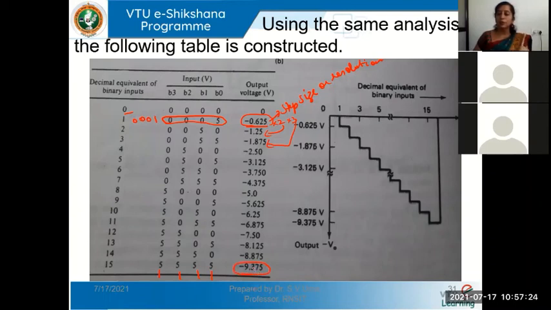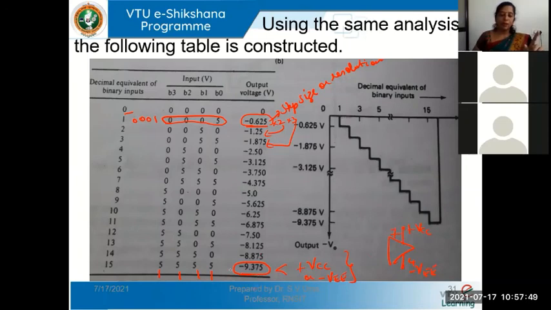One more thing which you should take care, the full scale output voltage should always be less than plus VCC or minus VEE. What are these voltages? These are the bias voltage which you connect to the op-amp. Remember, we give bias voltages at pin 7 and pin 4 for the op-amp.